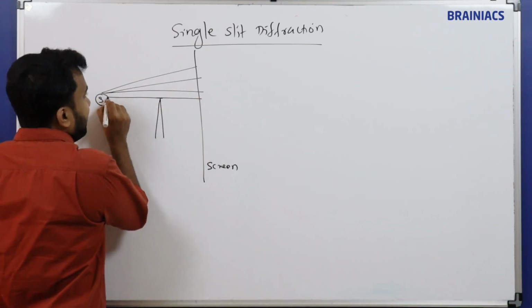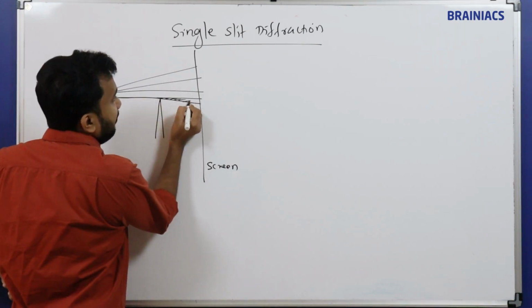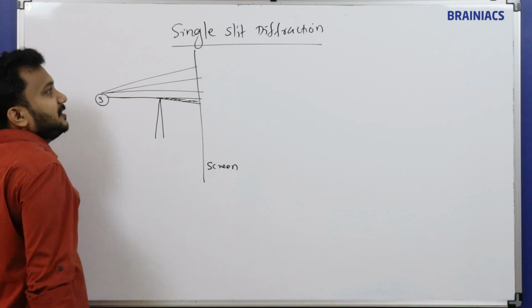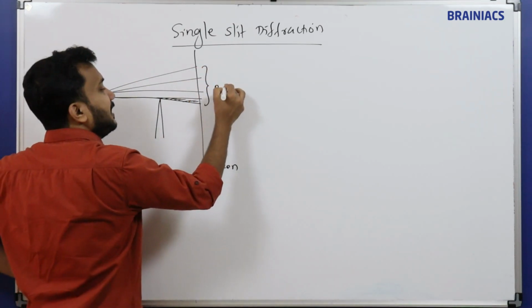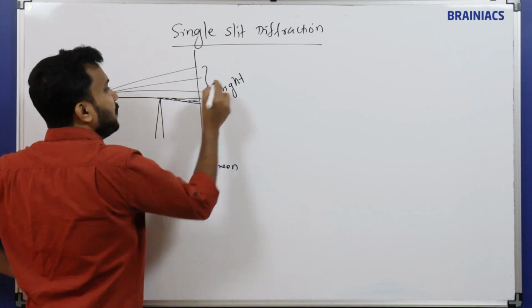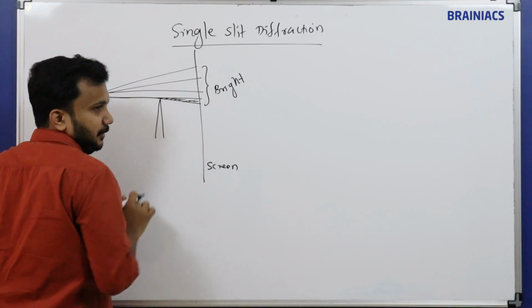But practically what happens is there is slight light. This much amount will be bending towards this region, and all these regions will be bright. Whatever I have shaded is the bending of light. The original path would be like this.